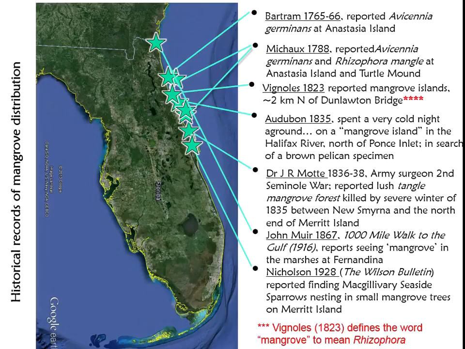Another thing that he says, Ponce Inlet. This is a great book to get because you will learn a lot. You can just search on Google Books and you can find this. But he describes Ponce Inlet, and he's writing this book for people who want to come to Florida to develop and do stuff.